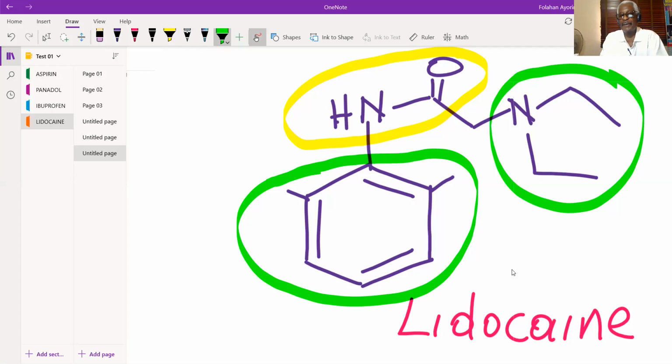Okay, so we are going to now go through the synthetic scheme of this molecule. Okay, so I will go to another page.